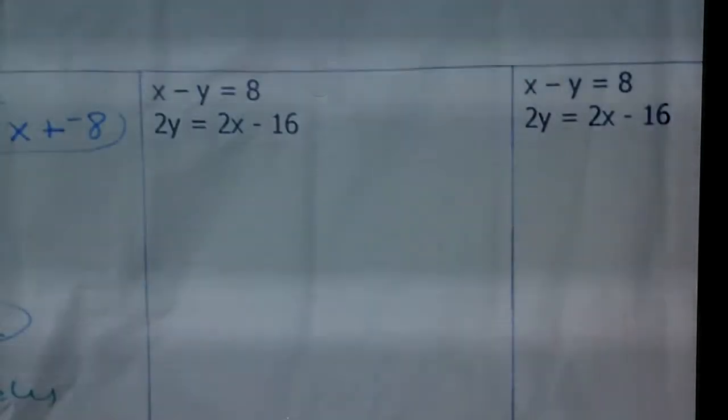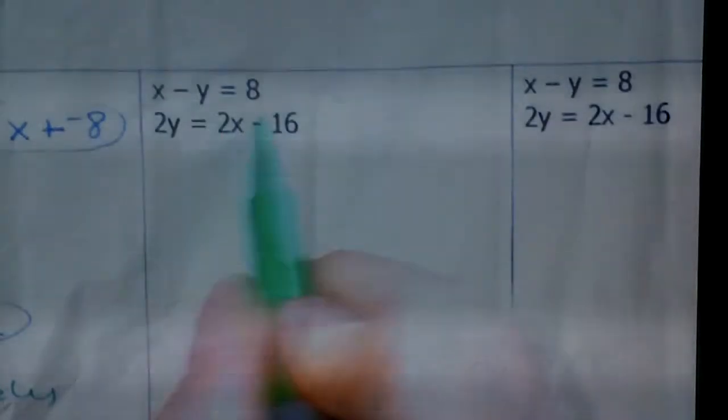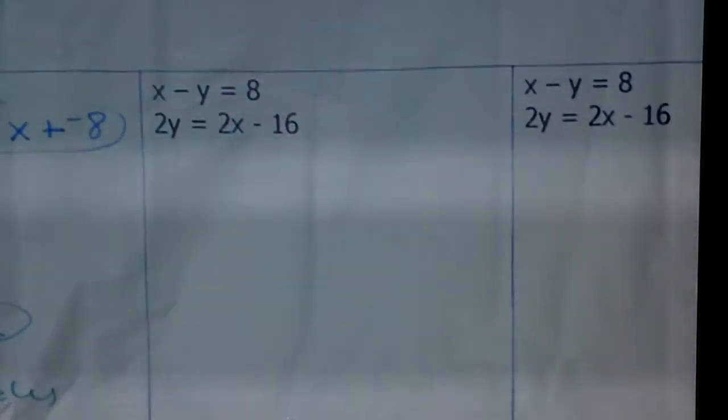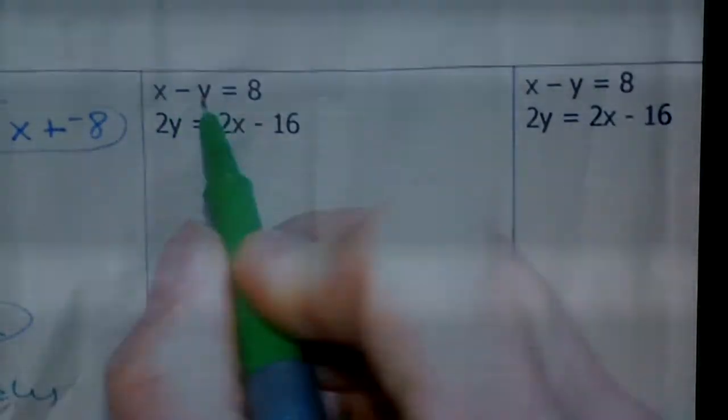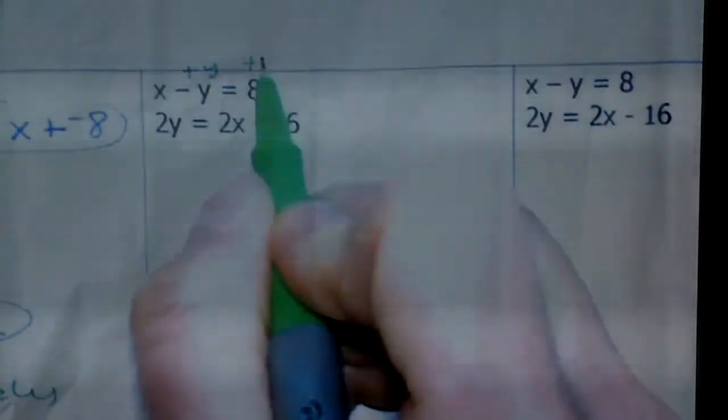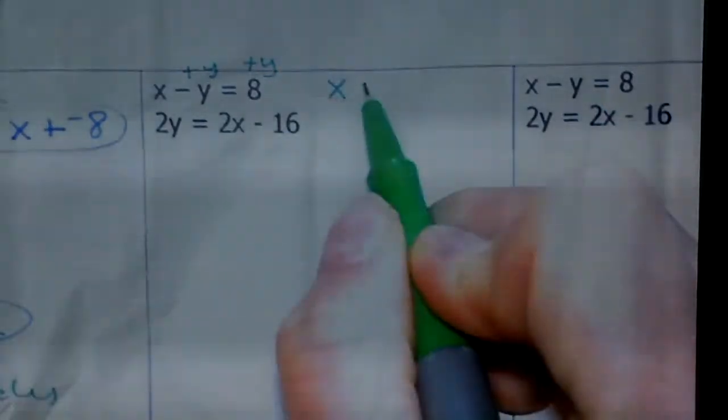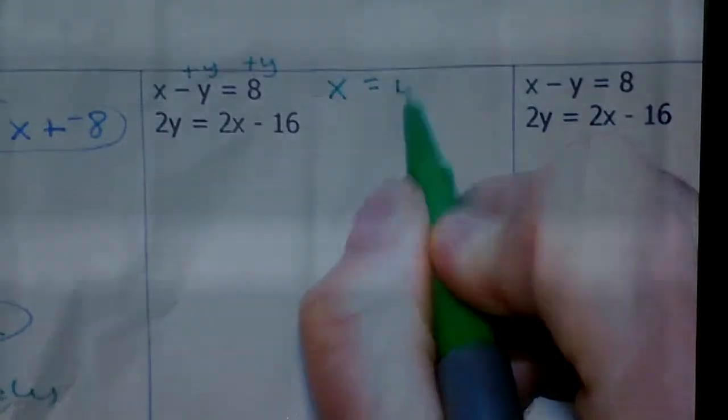Okay, so again, same exact system, but I want you to see what happens when you use substitution and elimination to solve it. So here we go. Step 1, I need to isolate one of these variables, the x or the y, and this time I'm going to choose the x because I can just add a y to each side, and x will be alone. I don't have to divide by anything. So I end up with x equals 8 plus y.